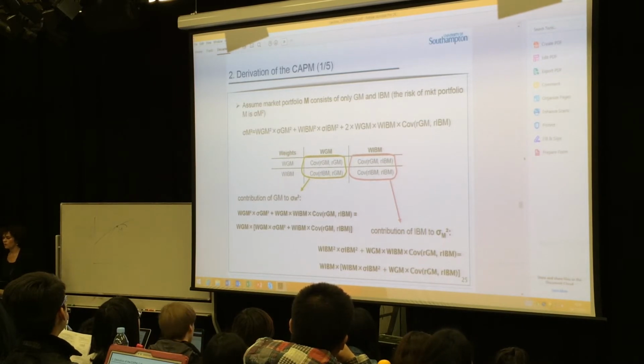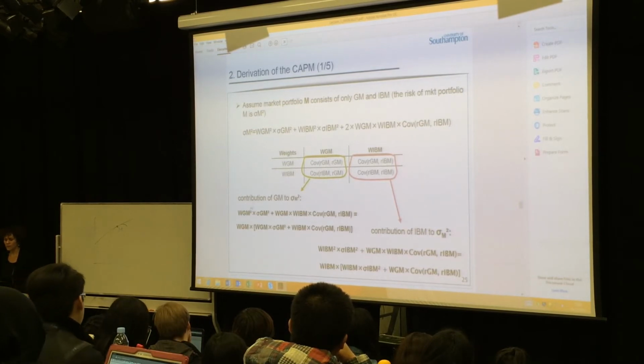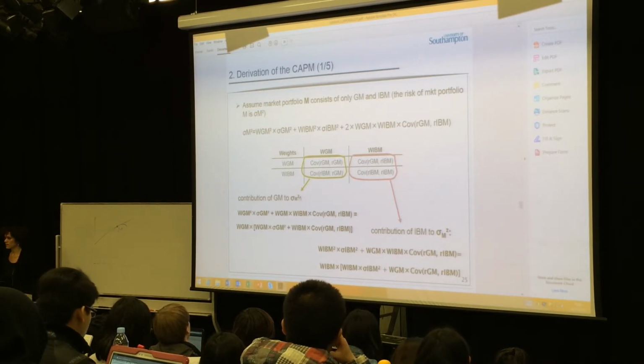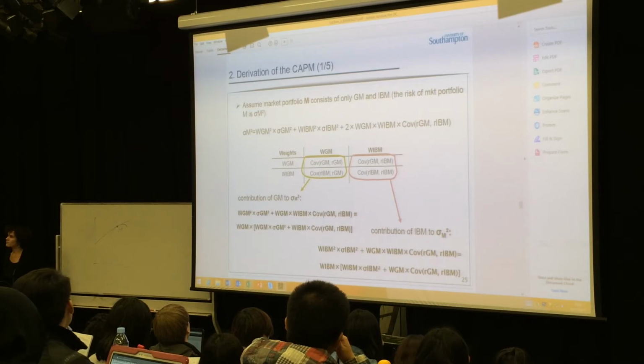I can just solve this equation once for GM, so here I can identify the contribution of GM to the market portfolio. Simple. Here I just take the quantity that I invested in GM.